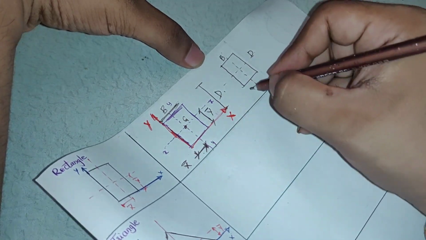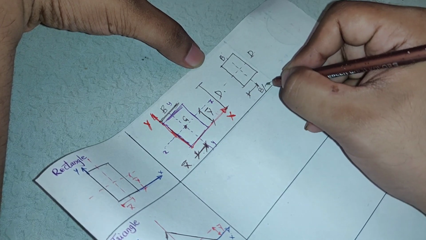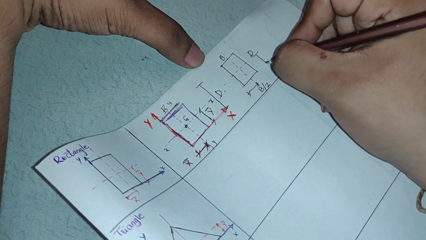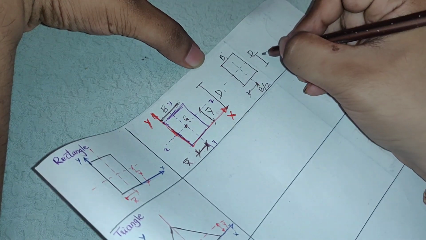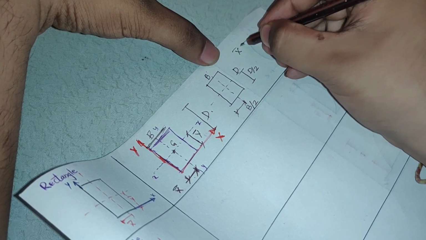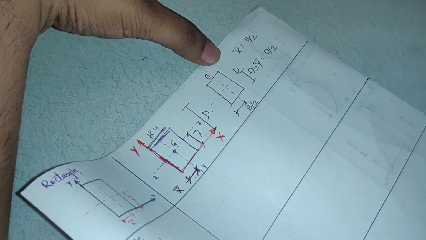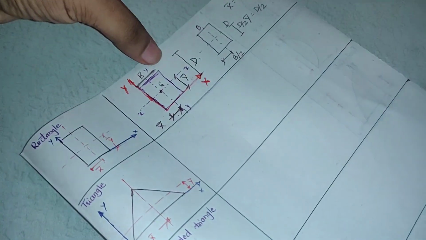So this x bar value with respect to the reference axis Y is b by 2 and y bar with respect to reference axis X is d by 2. So x bar is b by 2 and y bar is d by 2. Hope you understood this part.